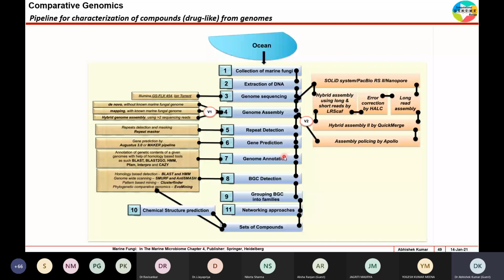And these are the tools: BLAST, BLAST2GO, HMM, Pfam, InterPro, KEGG. There are several ones. Then we detect the biosynthetic gene clusters where the drug-like compounds are present using a set of tools.